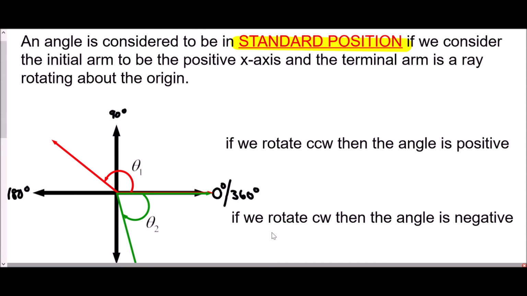So this is my starting point, my initial arm. It can end here, here, here, here. Alright, so this is basically our starting point. By convention in math, when we say standard position, anyone who knows math, including yourself now, would know that it starts at 0 degrees and then goes counterclockwise. Like that.